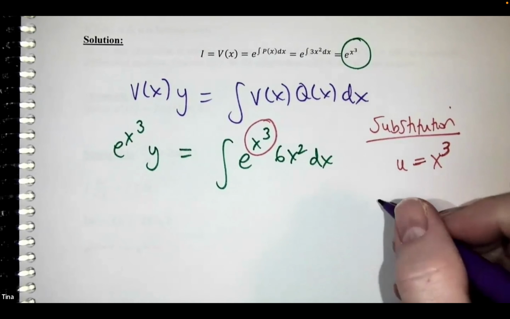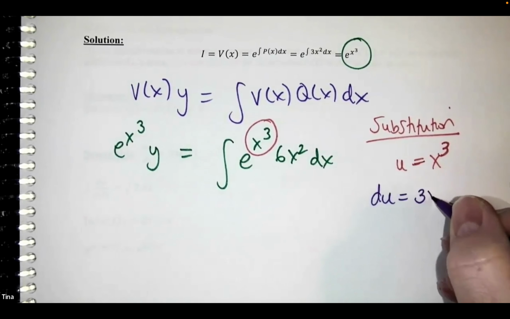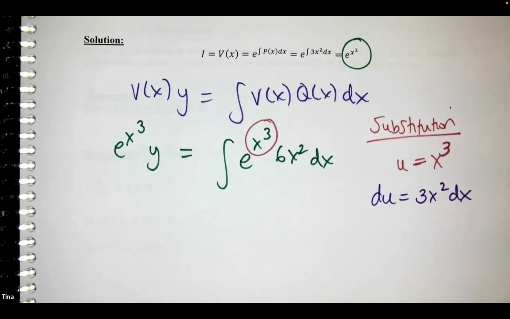So my derivative, du by dx, would be 3x squared dx.